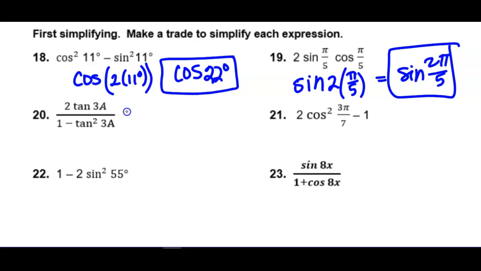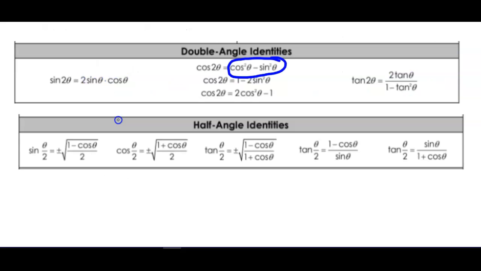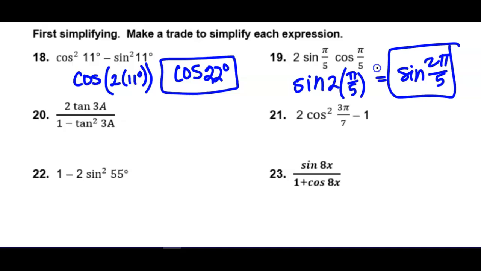So this one has 2 tangent of 3a over 1 minus tangent squared of 3a. I don't think the 3 matters. Here we go. 2 tangent over 1 minus tangent squared is simply the tangent of 2 of those. So this is the tangent of 2 times 3a, which would be the tangent of 6a.